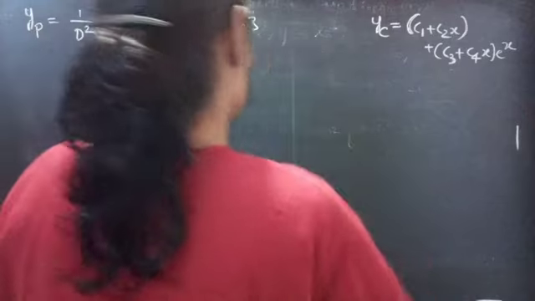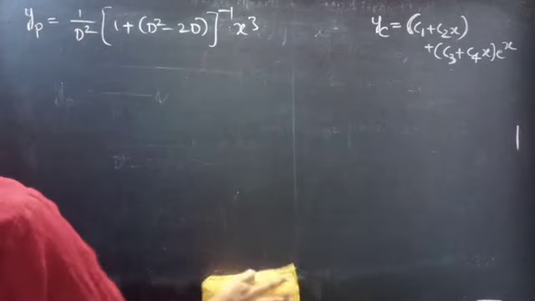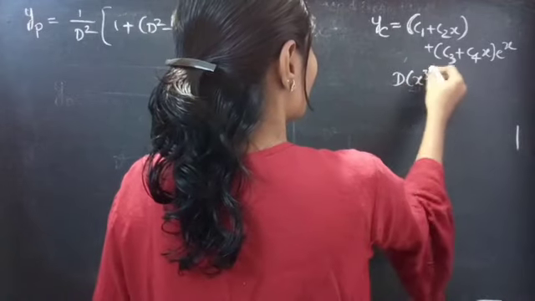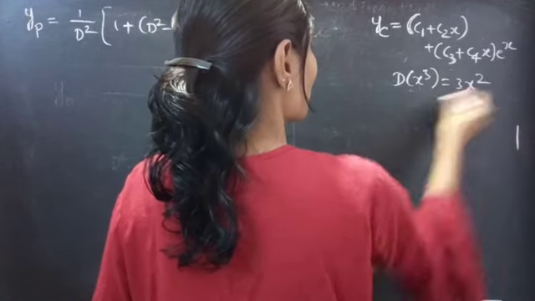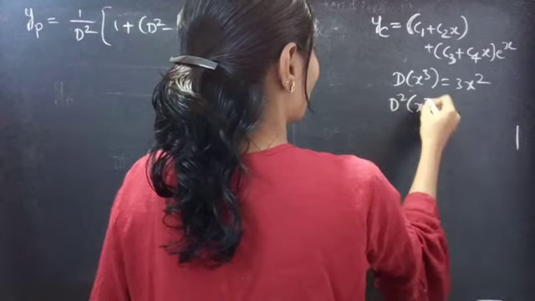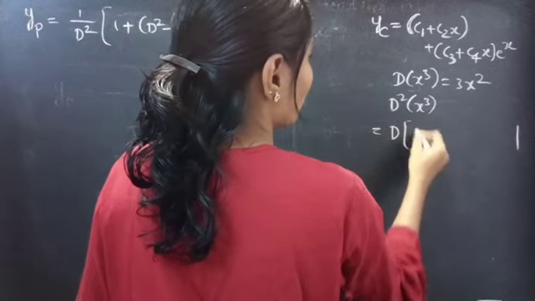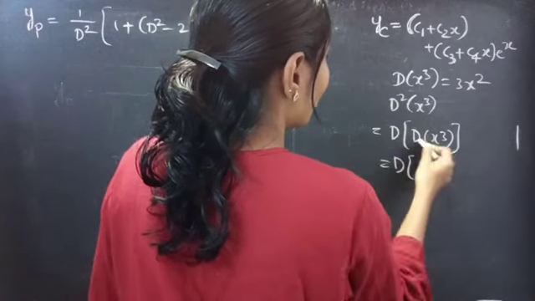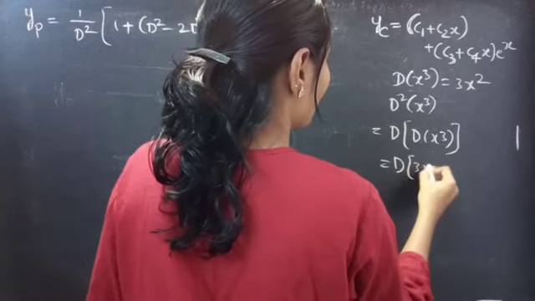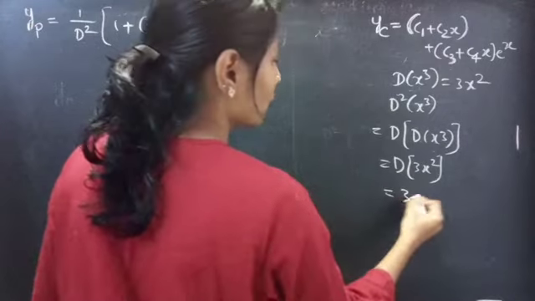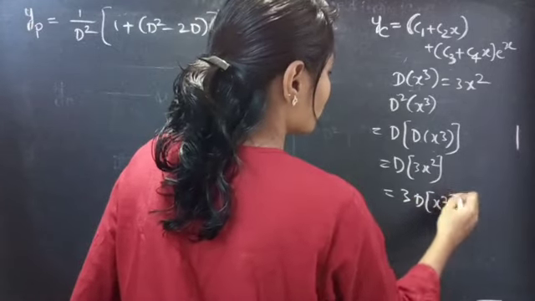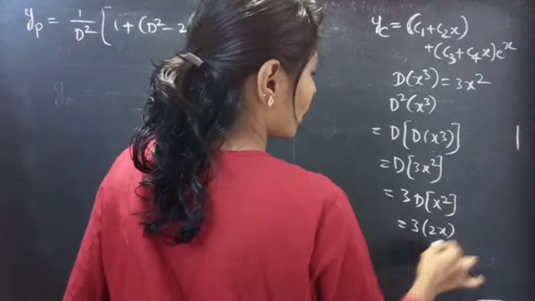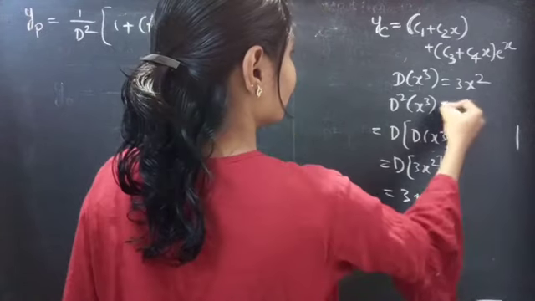Now let's find the derivatives of x cube. The derivative of x cube is 3x square, and D square of x cube is the derivative of the derivative of x cube. We already have the derivative of x cube as 3x square, right? From this we'll get 3 into the derivative of x square, which is 2x, which is 6x, right?